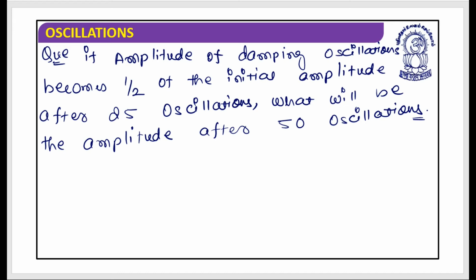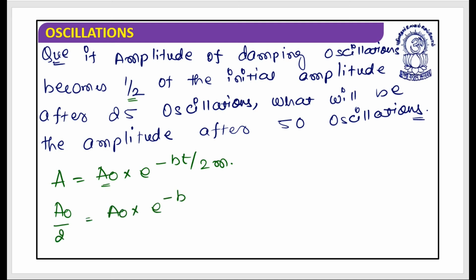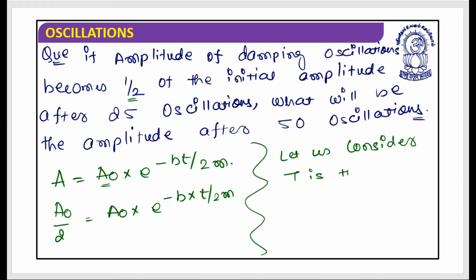How do we do this? My master formula says A = A₀ e^(−bt/2m), and according to the data, the amplitude becomes 1/2 of the initial. So A₀/2 = A₀ e^(−bt/2m). Let's consider T as the time period for one oscillation.